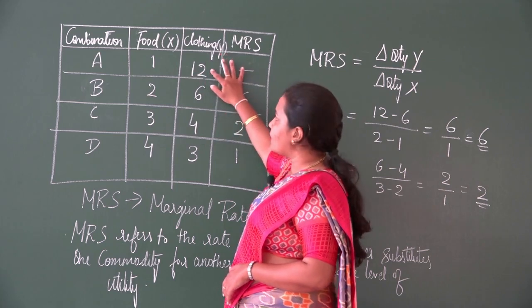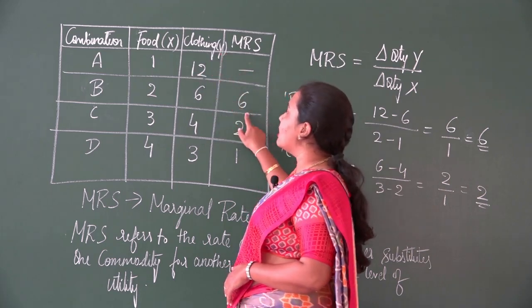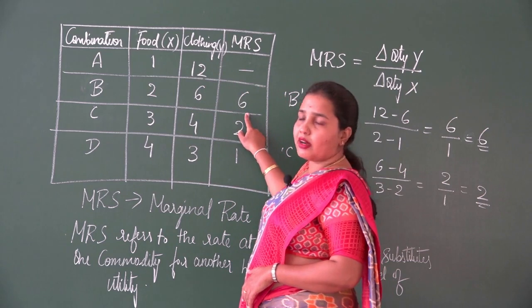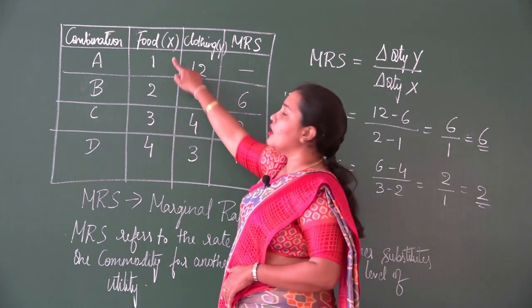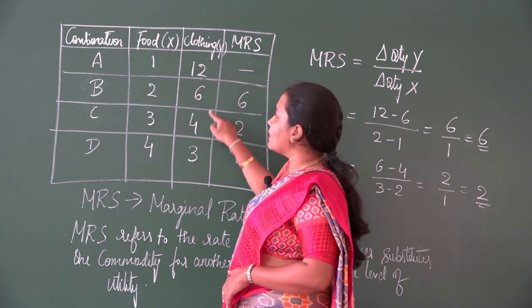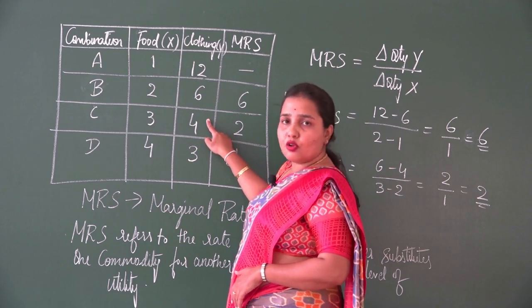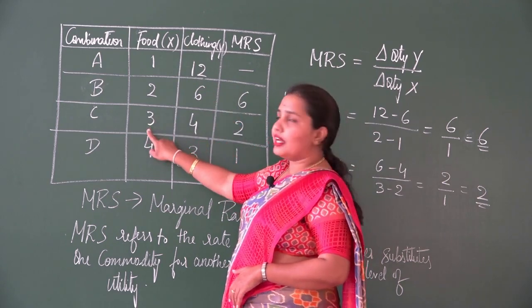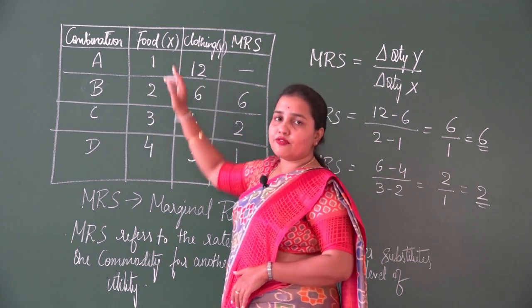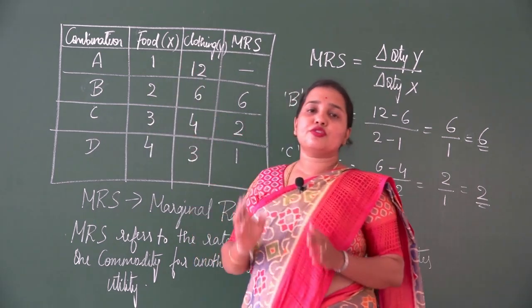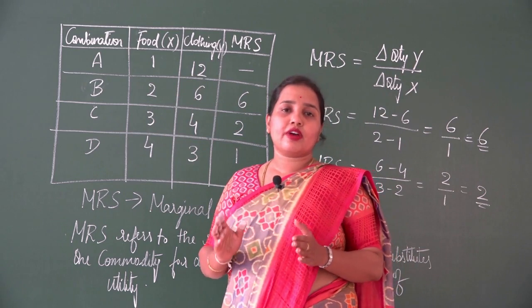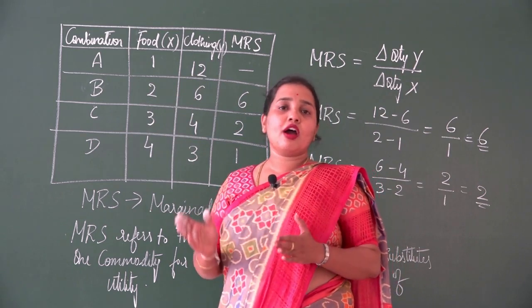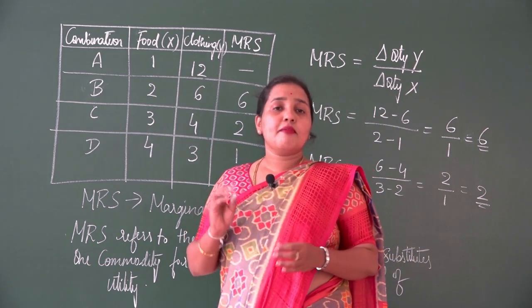That is, he is sacrificing 6 units here. That is what we call MRS. To have one more unit of food, he has to further sacrifice some units of clothing. That is, he has to forego 2 units to have 1 additional unit of food. Therefore, the rate at which the consumer is ready to sacrifice one commodity for another is called marginal rate of substitution.